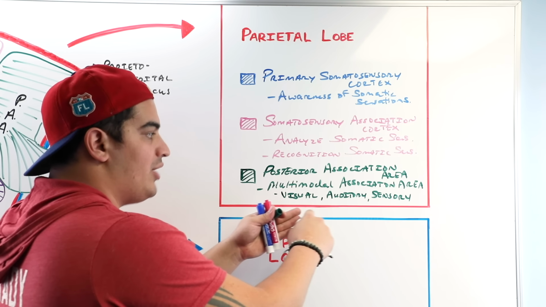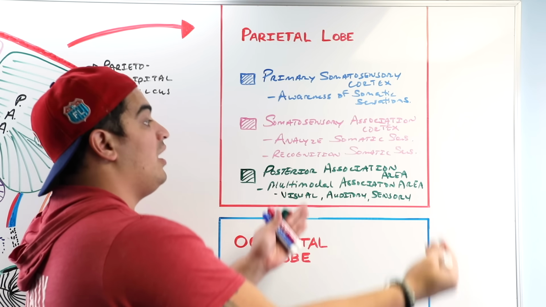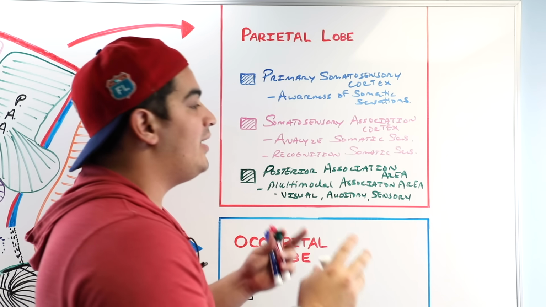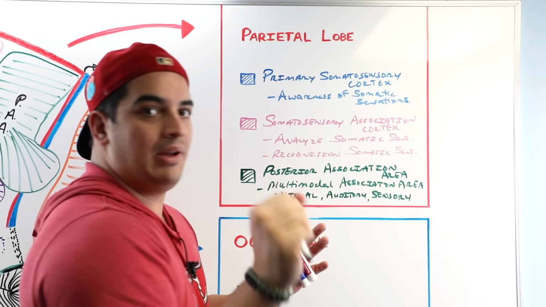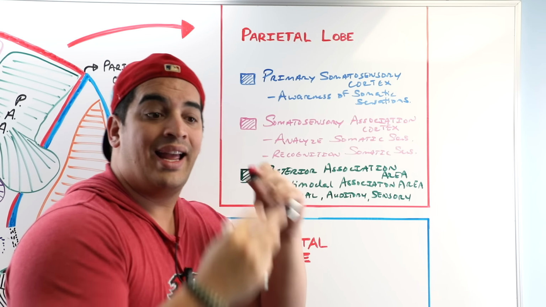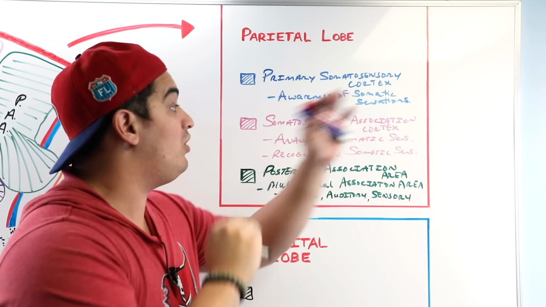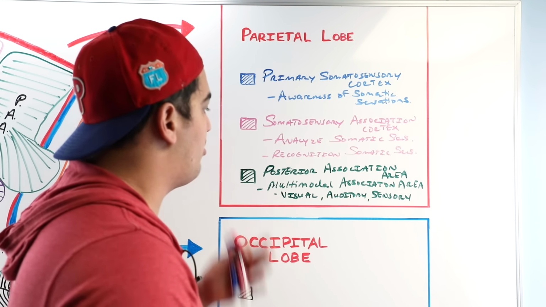So your visual association cortex, auditory association cortex, and somatosensory association cortex funnel their info into the posterior association area. Now, I can determine a sense of spatial coordination of visual stimuli, auditory stimuli, and sensory stimuli. That is the function of this beautiful area, and it can communicate with a bunch of other areas in the brain. All right, beautiful. That covers our parietal lobe.